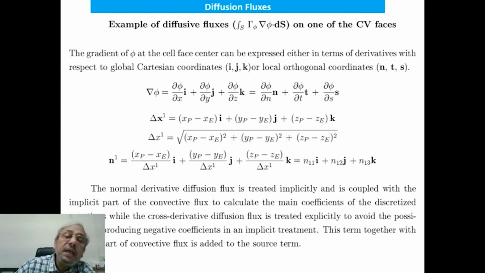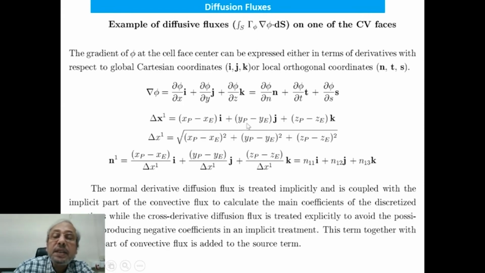So grad phi can be written as del phi del x i, del phi del y j, del phi del z k, or del phi del n into n, del phi del t into t, or del phi del s into s. Now this vector delta x1 will be given by xp minus xe into i, yp minus ye into j, and zp minus ze into k.